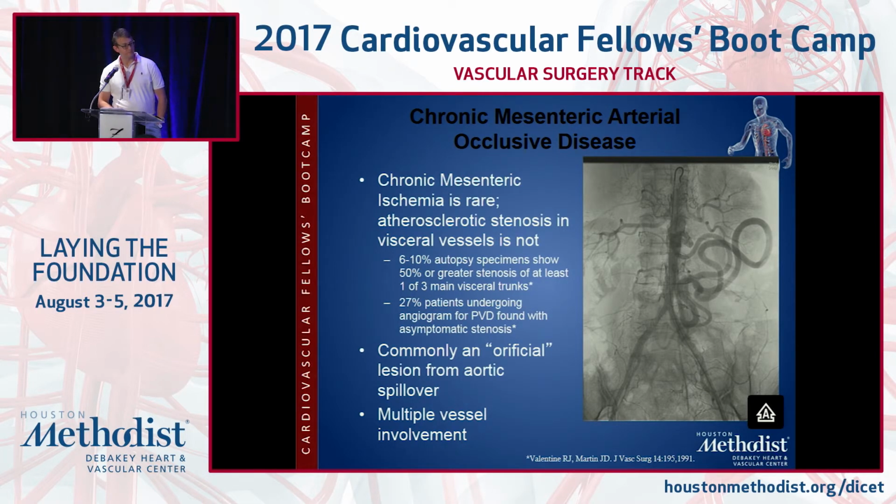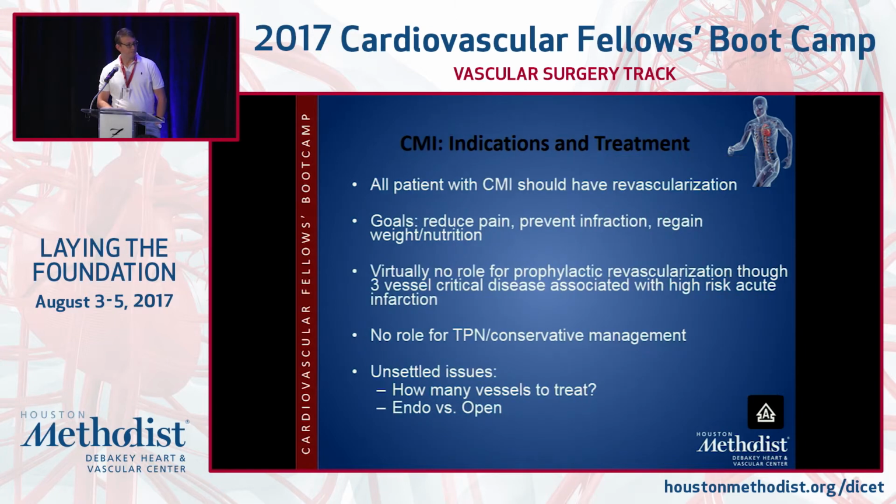This was an angiogram I did on somebody, I must have been planning it for a lower extremity endo revascularization, and you see this huge meandering mesenteric artery, which was indicative of celiac artery and SMA occlusive disease. So you see a lot of asymptomatic disease as well.